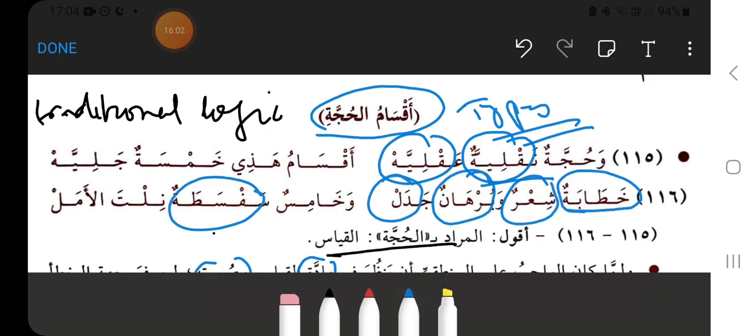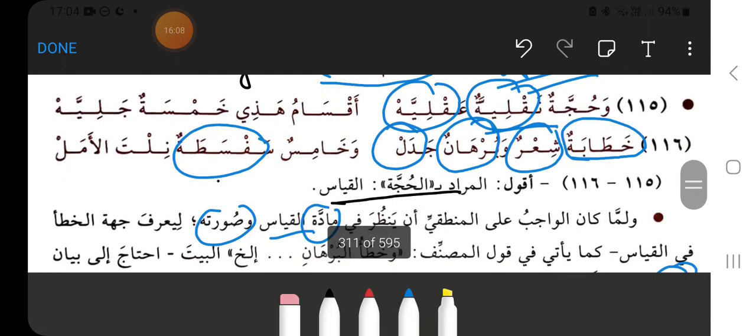So khataba, shir, burhan, jadl, and safsata. I'll try to translate their meaning in a minute.